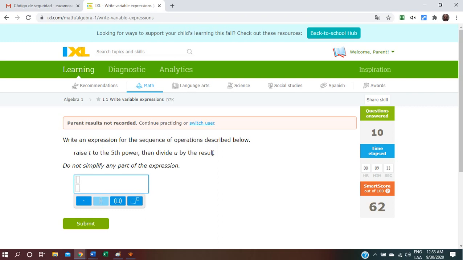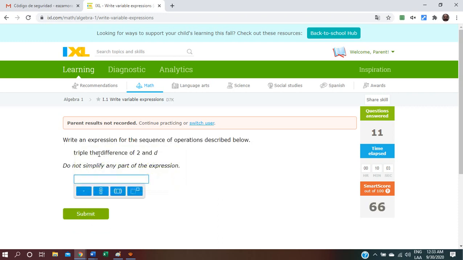So u is going to be the numerator, and t to the 5th power is going to be the denominator. Pay attention: raise t to the 5th power, then divide u by the result. And we can submit it.